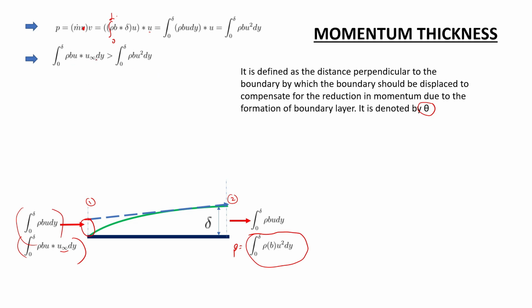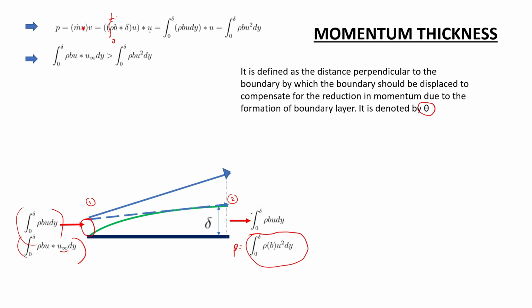But you know, this momentum at section 1 is greater than the momentum at section 2, and the momentum at section 2 is equal to the integral of rho b u square dy from 0 to delta.